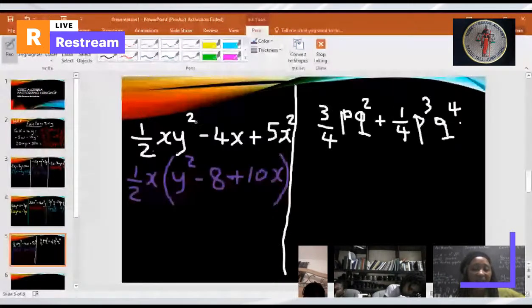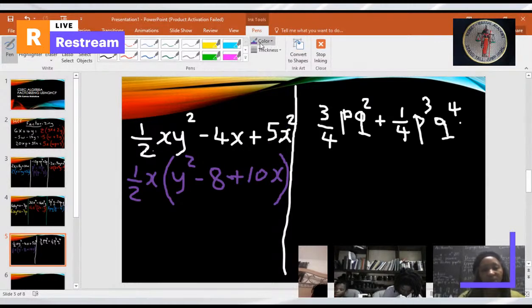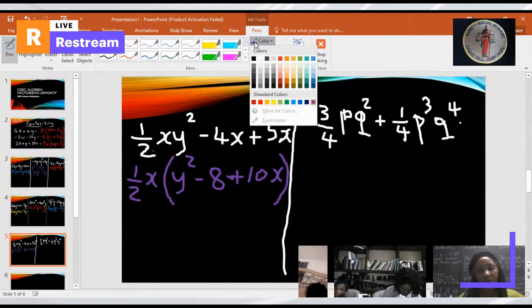Half times negative 8 is negative 4, because 2 into 8 goes 4. And then we have back our x. Half of 10 is 5, and x times x would give us x squared. So we're good to go for that one as well.